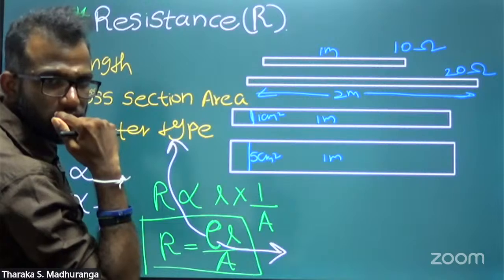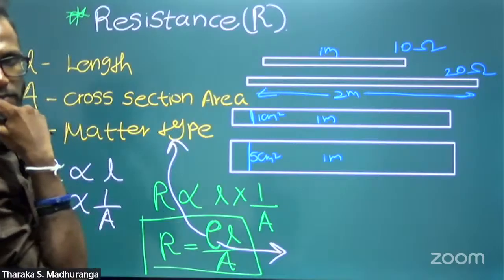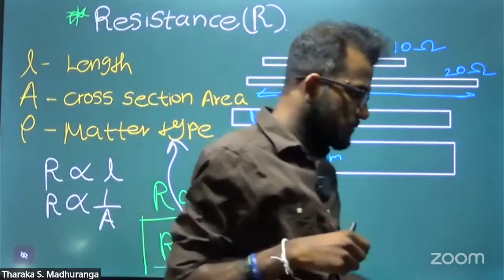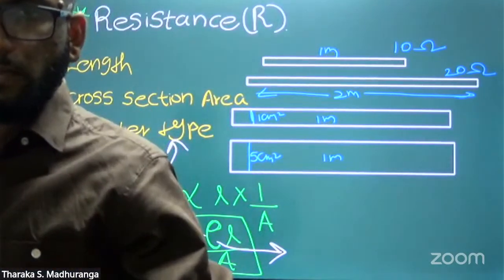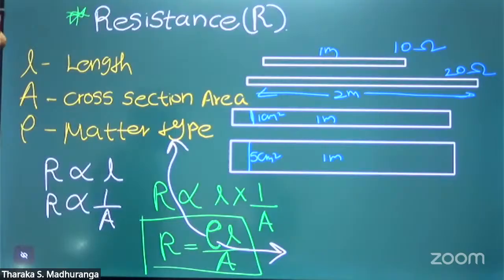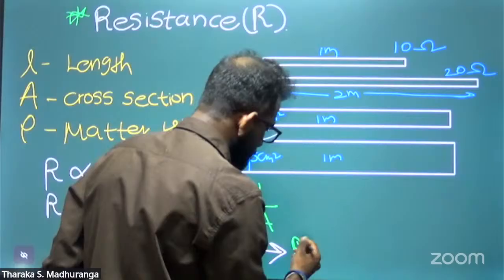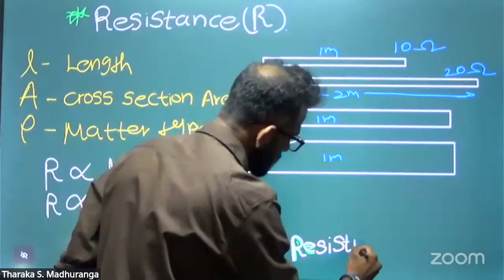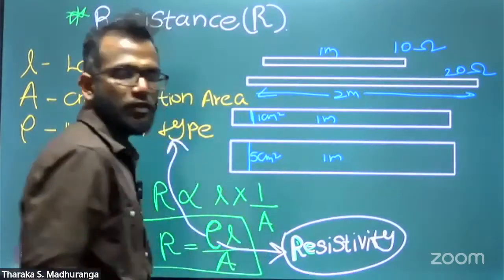What's the name? Very good. Resistivity. The name of rho is the resistivity of the conductor.